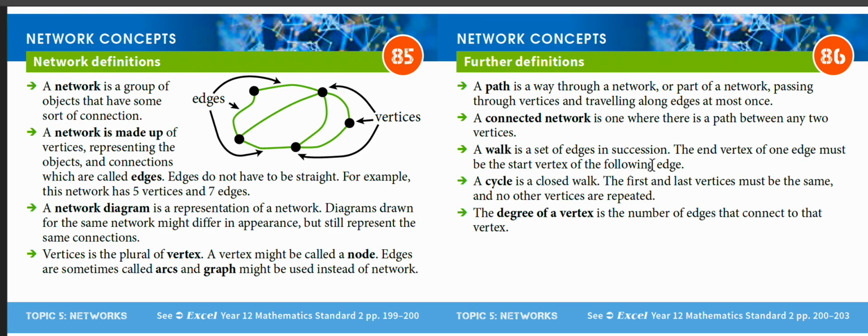A walk is a set of edges in succession, meaning the end of one edge should be the start of the next edge. We'll be using walks, and then what is a cycle? A cycle has to be a closed walk. You start and end at the same vertex. The first and the last vertices must be the same, and no other vertices are repeated.